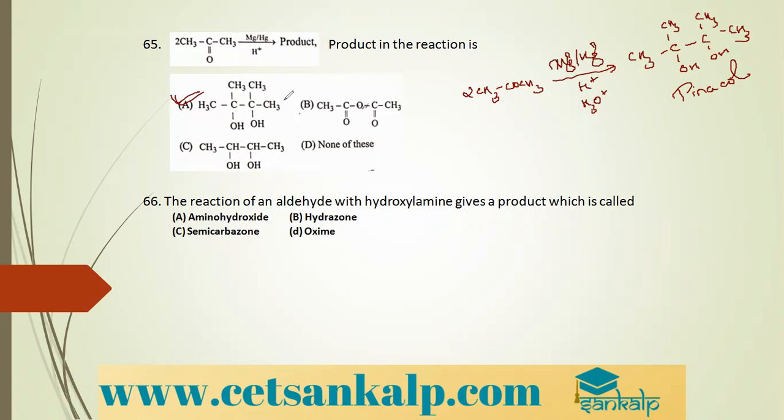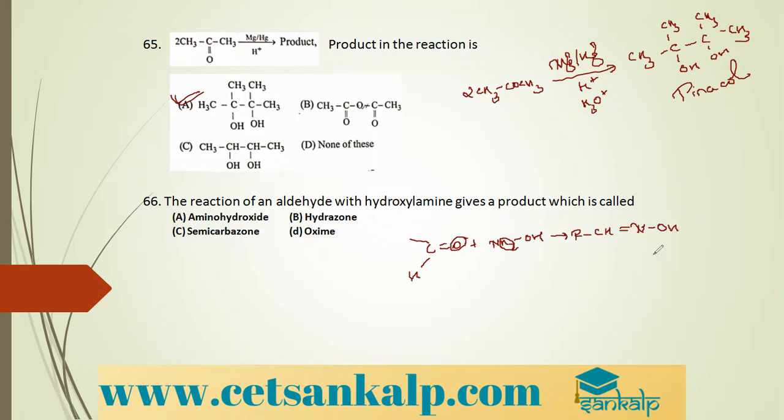The reaction of an aldehyde with hydroxylamine gives a product which is called? So this is an aldehyde with hydroxylamine. What is hydroxylamine? NH2OH. So this H2 and O go out, and we get R-CH double bond N-OH.